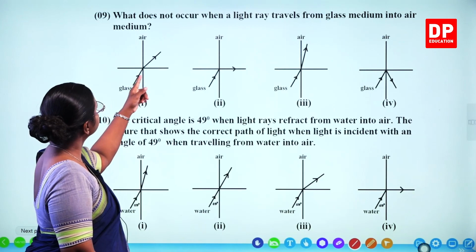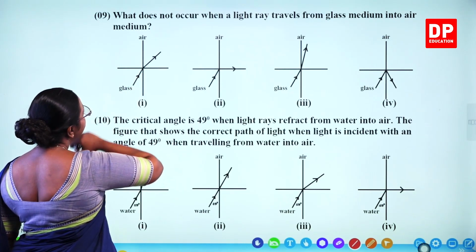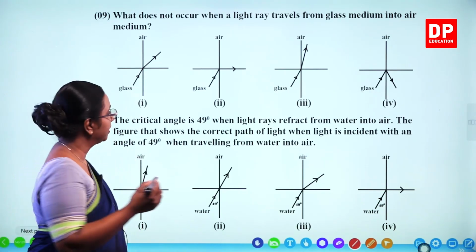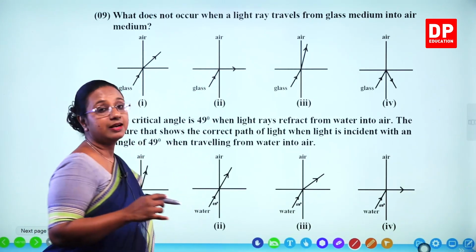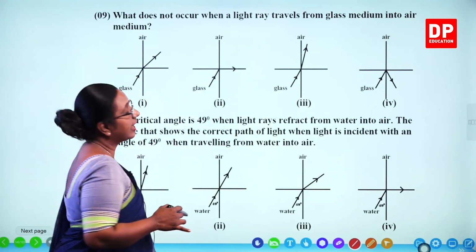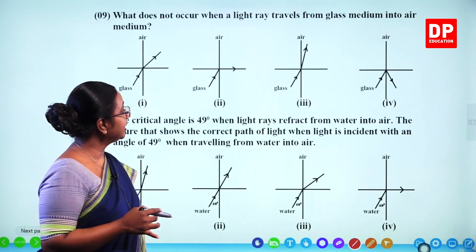So, from glass into air, you can see this is a small incident angle, this is a larger refracted angle. That is possible. When you increase the incident angle, the refracted angle increases, and at one point, this also can happen. At that point, what do we call the incident angle?